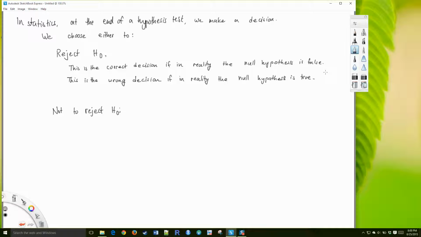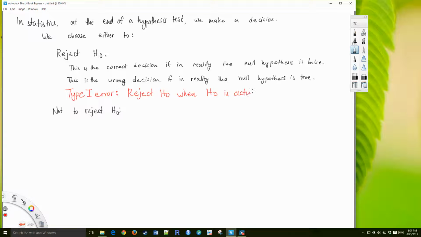So this wrong decision, the idea of rejecting the null, but it turns out that the null hypothesis is true, this is known as a type 1 error. Okay? So I'm going to put this in red. Type 1 error is reject the null when the null is actually true.